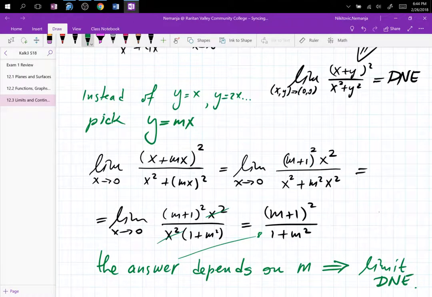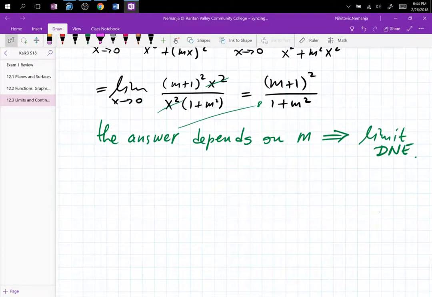That's all it is, because you have a different approach and you're getting a different z value back, and we know that you can't have that. So the two-path test for non-existence of limits is: if f of (x, y) approaches two different values as (x, y) approaches (a, b) along two different paths in the domain of f, then the limit does not exist. That's technically what I wrote here in green.